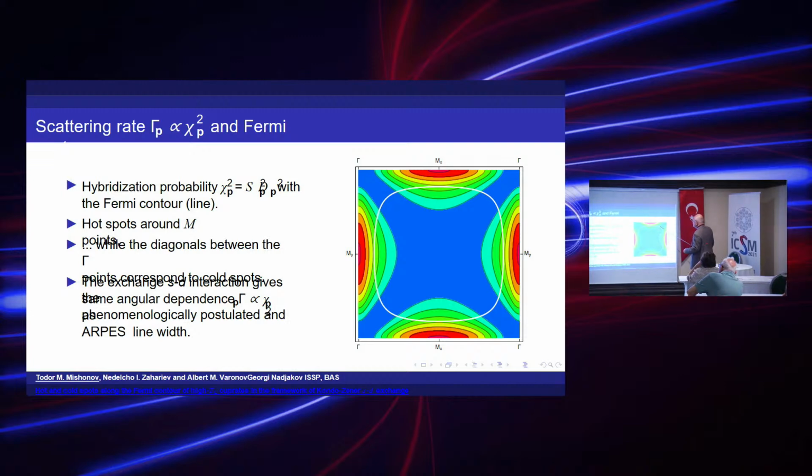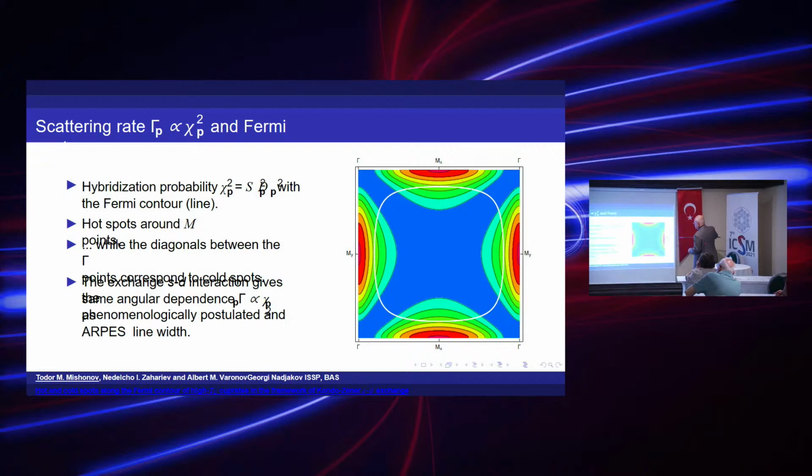Those are our calculations. The colors describe the intensity of single particle scattering along the Fermi contour.